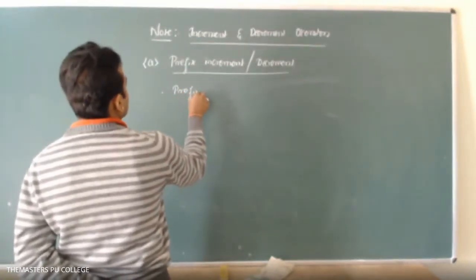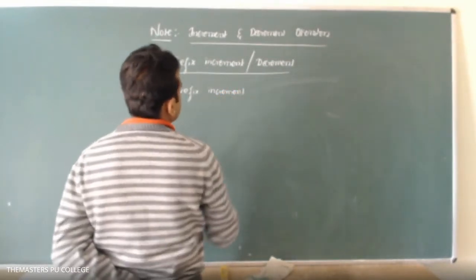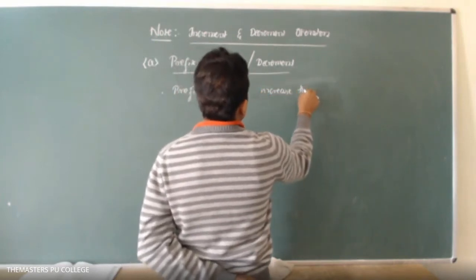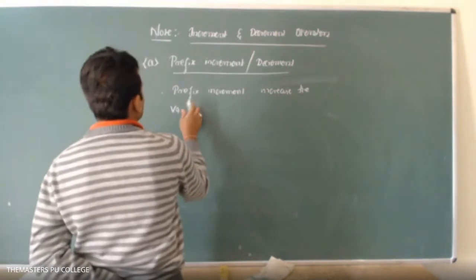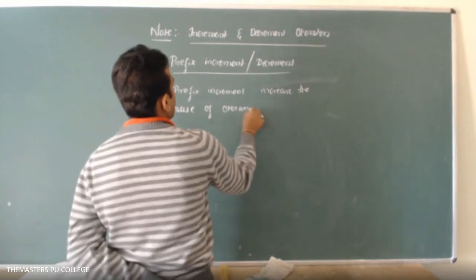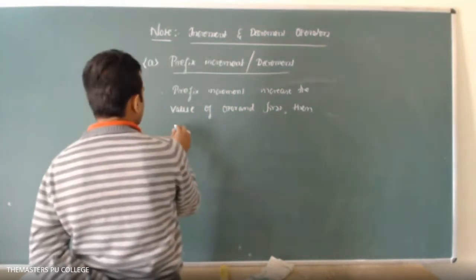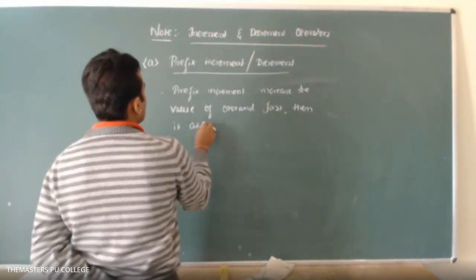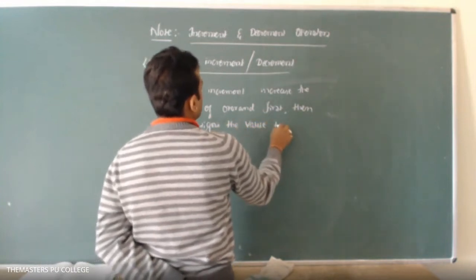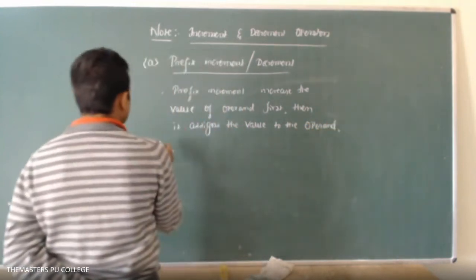Prefix increment increases the value of the operand first, then it assigns the value to the operand.